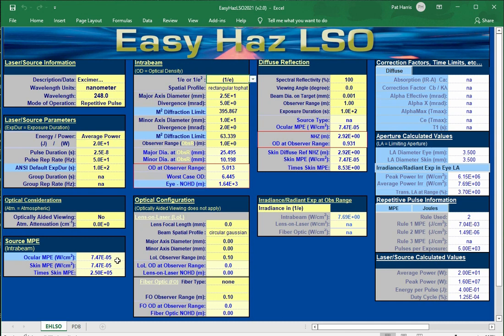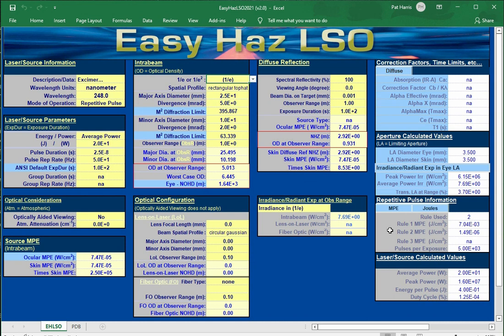All right. Notice how restrictive these MPEs are. These are really restrictive. Let's go take a look before we talk about this times skin MPE. Let's go take a look at our Rule 1 and Rule 2. Notice that even though this is a 25 nanosecond pulse, at a low repetition rate, it is Rule 2, the average power MPE rule, that is dominating here.